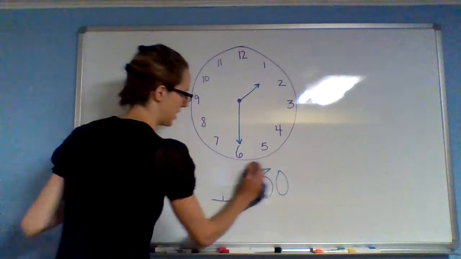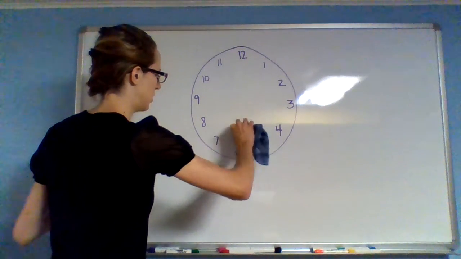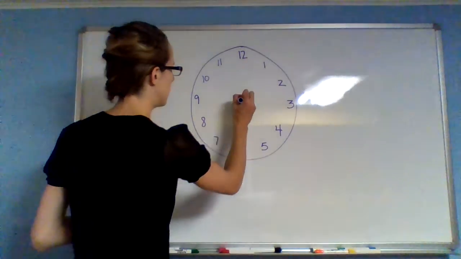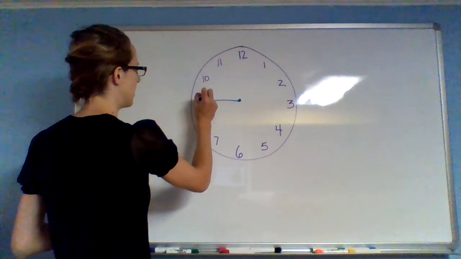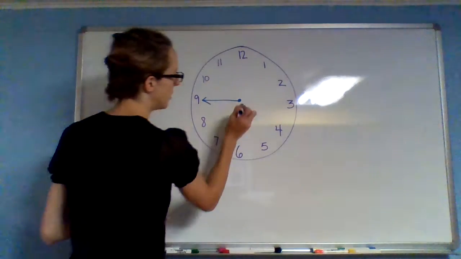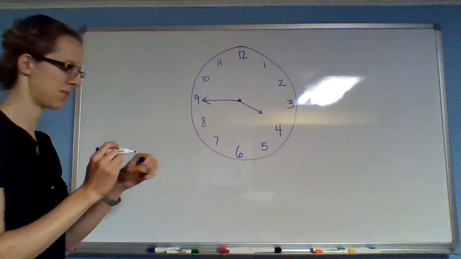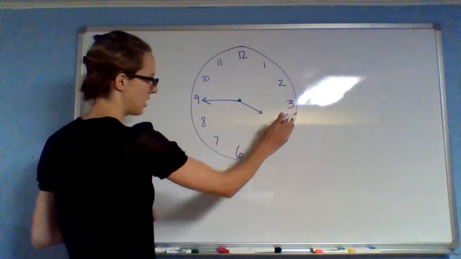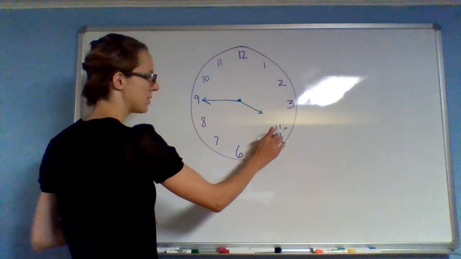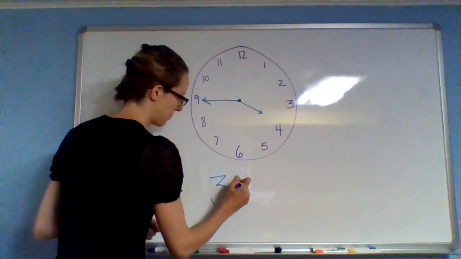Let's try another time. If the long hand is at the 9 and the short hand is between the 3 and the 4, we can start with the hours and say, okay, well, it's not all the way to the 4 yet, so the hours must be 3.